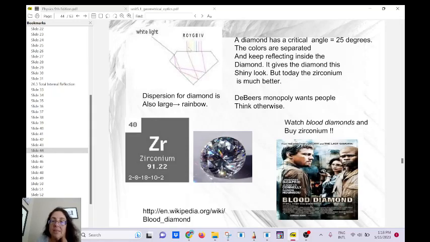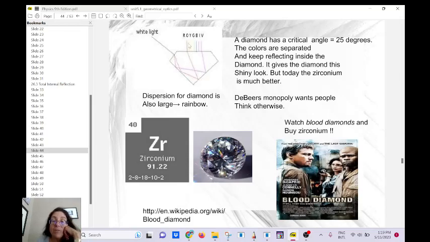When it finally exits, depending on the index of refraction of the diamond, you're also going to have colors, right? You're going to have the rainbow, because we're going to see that light.